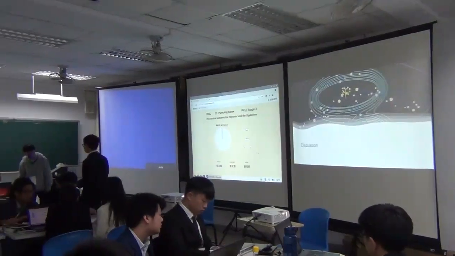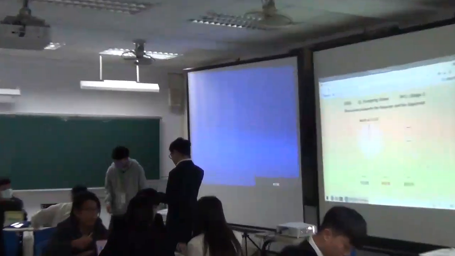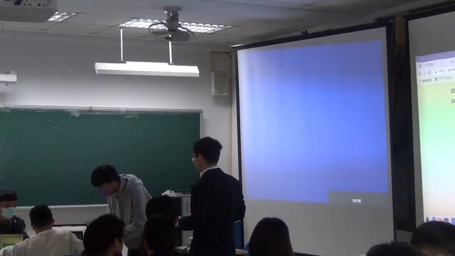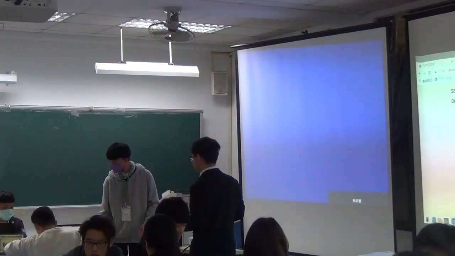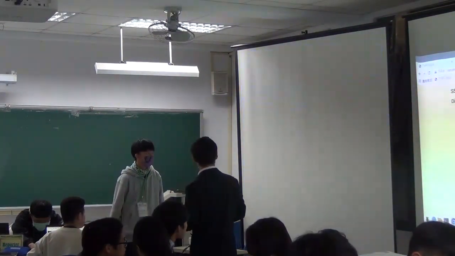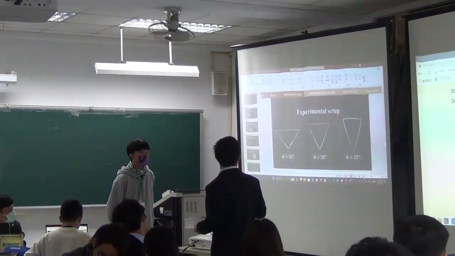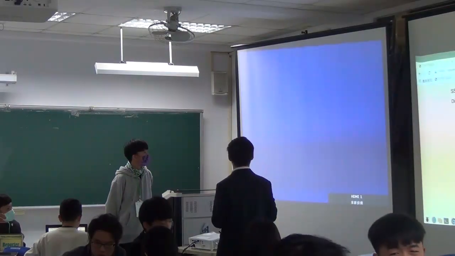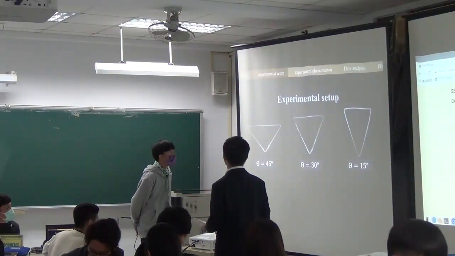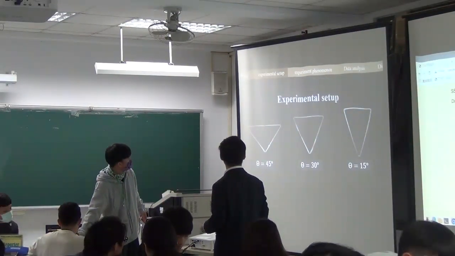Okay, can you turn to the page where you conduct your experiment? Can I ask what the variables are in this experiment that you did? The variable is the rotating speed of the motor.